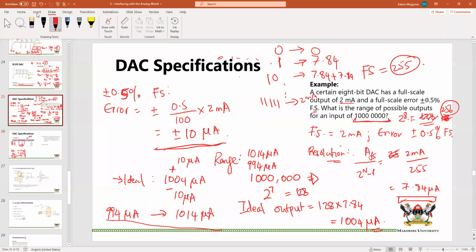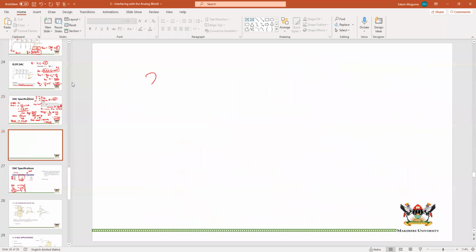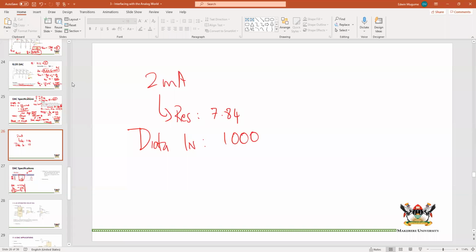If I can go back to this one real quick, what I was saying here is that we have 2 milliamps and we have found out that the resolution is 7.84, and we've been given a digital input of 10000000, which we know should give us 128, times 7.84, which we got as 1004 microamps.